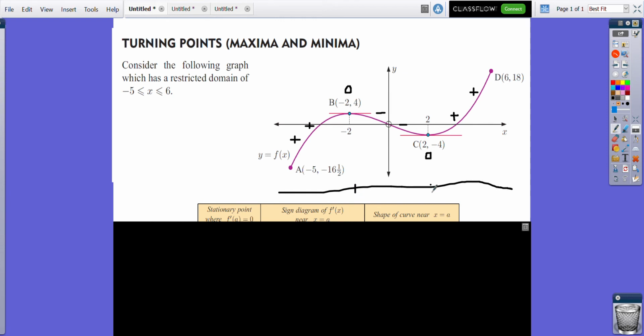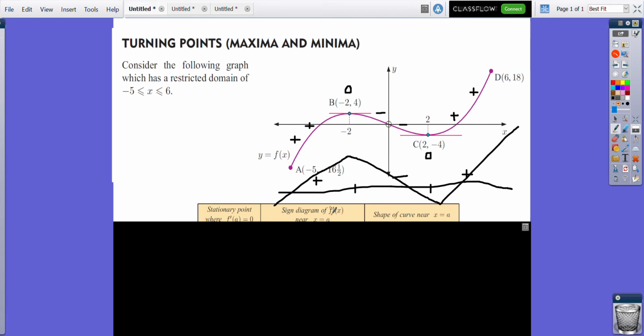We've got these 2 points at A and C, so -2 and +2. Over here it's positive. Over here it's negative, and over here it's positive. And so from our sign diagram, we're able to work backwards and see a little bit about the graph. So we can see it goes up here, then down here, then up again.